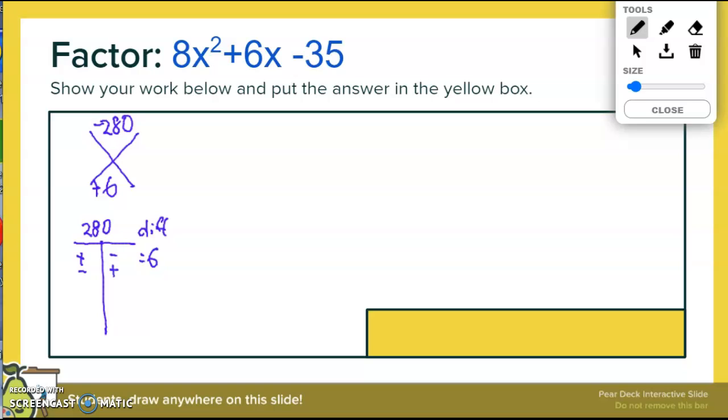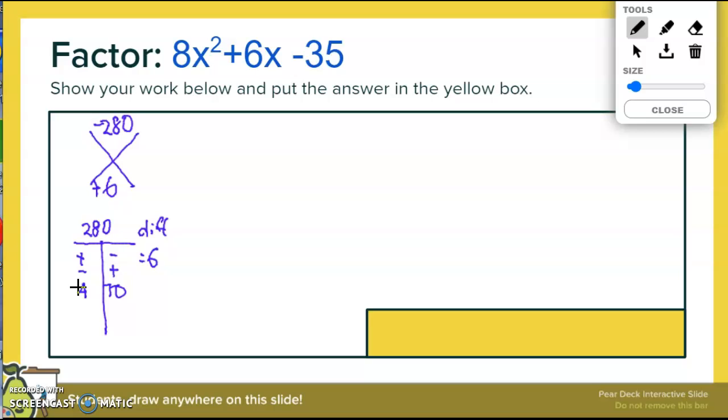What are some factors? Well, 1 and 280, that's obviously too big. 2 and 140, that's still too big. 3 and... is 280 divisible by 3? Okay, you just keep trying. 280 is not divisible by 3. 4 is divisible, 4 times 70, but the difference between these two is 66, a huge number.